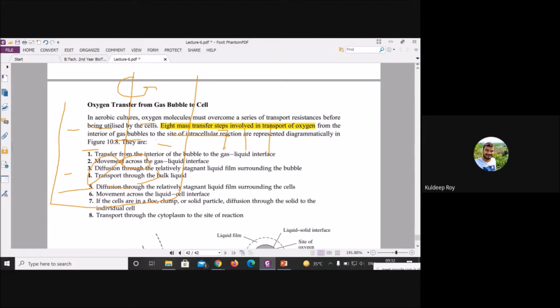We are saying this from the first class, but the problem is how you relate this to a numerical approach. In theory you say that if you increase the agitation, or apply any kind of external force, it will increase the mass transfer.